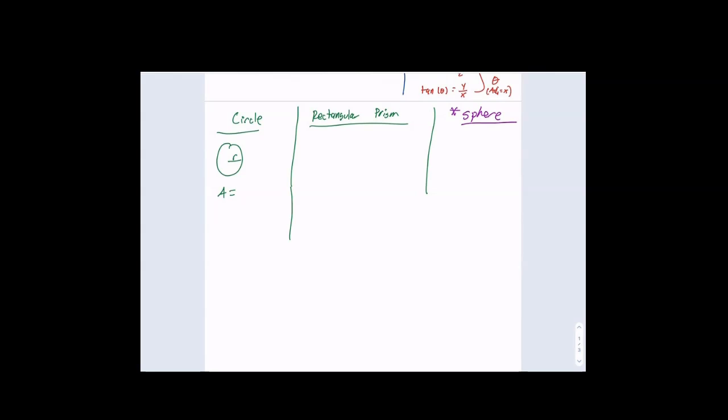You should know it. Pi r squared. Perfect. And the circumference is equal to? 2 pi r.